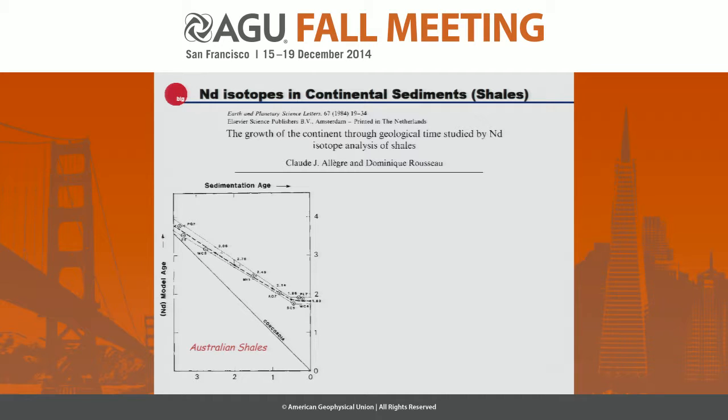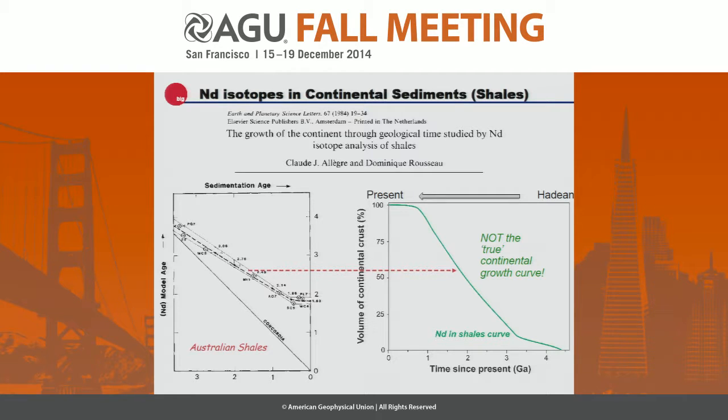Those shales have a range of deposition ages, and they have that really nice correlation here, a curve which shows basically a linear decrease, and that curve fades out toward the present day.